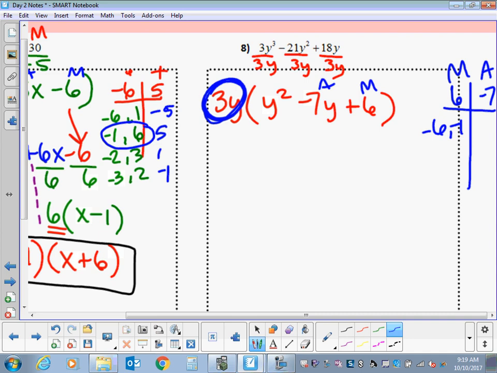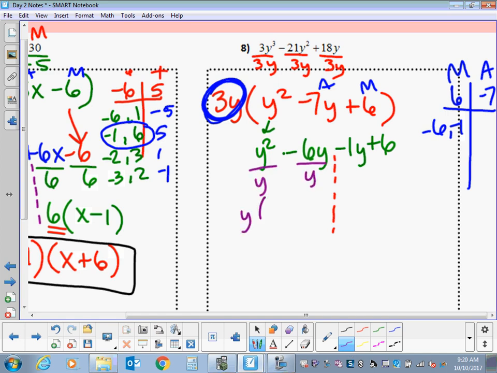Both negative, right? Alright, so we have, write down our first, write down our last. Negative 6y minus 1y. Split it in half. GCF is y. So I have y minus 6 left over.